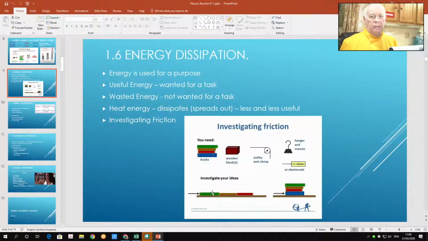We looked at Hooke's law and springs, and now we're trying to look at how this energy that we may have can be lost. We end up with two sorts of energies to play around with: useful energy that we actually want and wasted energy that isn't.